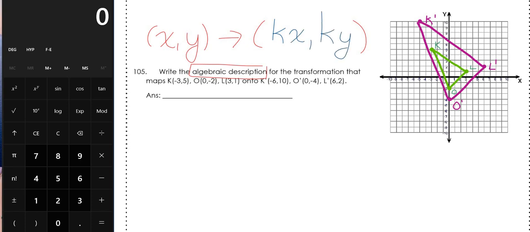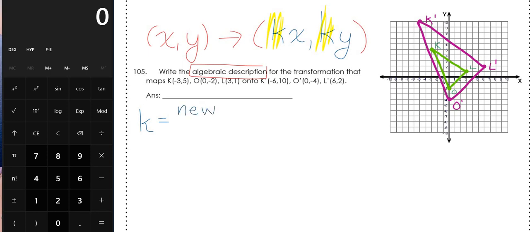Because what you're doing is not only growing the figure, you're also multiplying each individual coordinate by your scale factor, your K value. So the only thing that you have to figure out is K. So our goal right now is to get K. Now you always get K, your scale factor, whenever something grows or shrinks, by doing this little fraction right here.